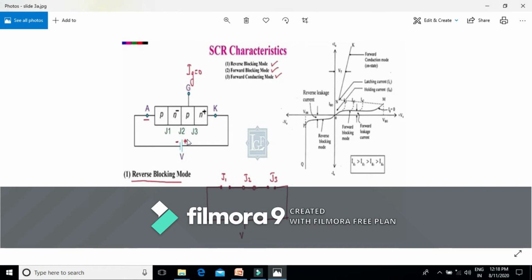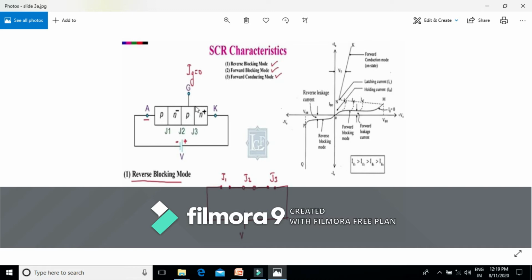We should keep in mind that when a reverse voltage is applied across this anode to cathode voltage, the depletion layers across the junction J3 and the junction J1 both widen as this reverse voltage is increased. But the depletion layer across junction J3 extends quickly as compared to the depletion layer across the junction J1.